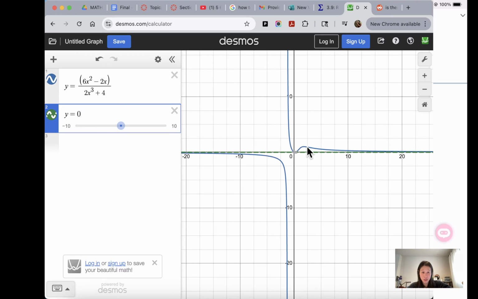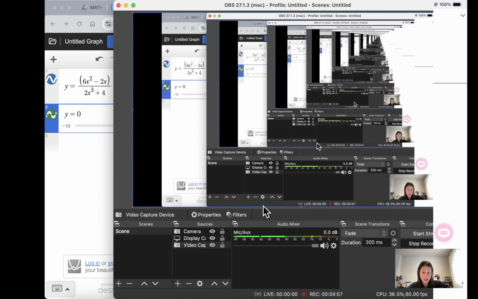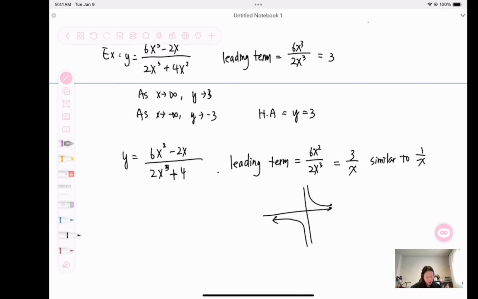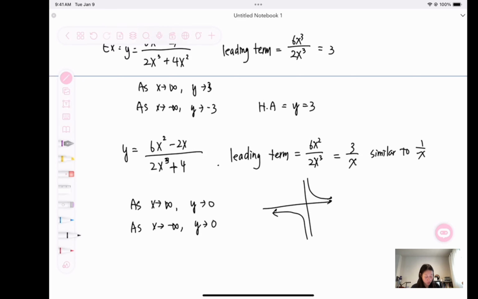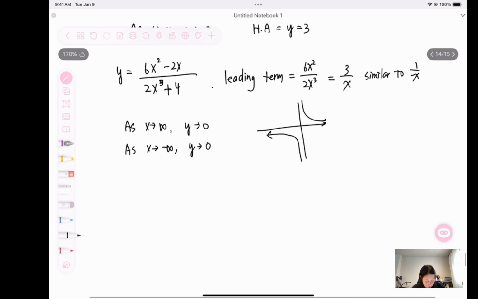Look, the graph is really approaching the green line, which is y equals 0, the x-axis. So if the leading term is similar to 1 over x, the reciprocal function, as x approaches positive infinity, y approaches the x-axis, and as x approaches negative infinity, y also approaches 0, the x-axis.